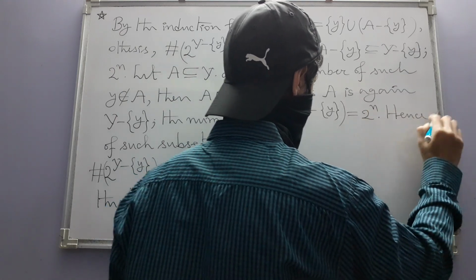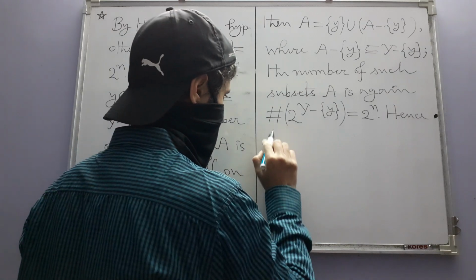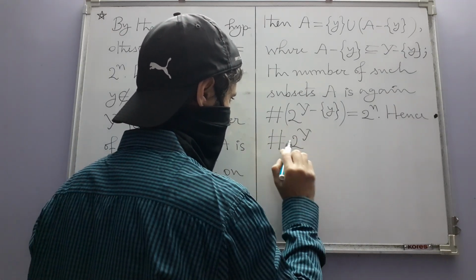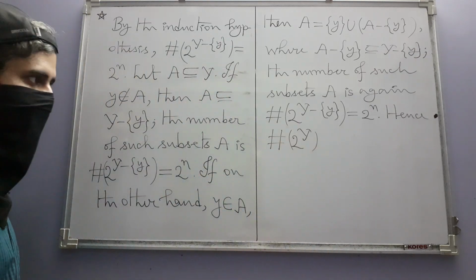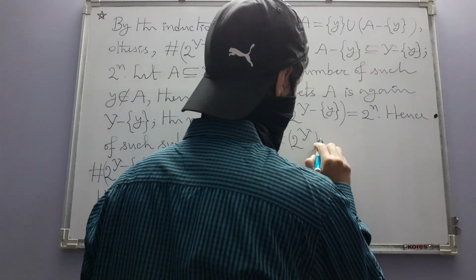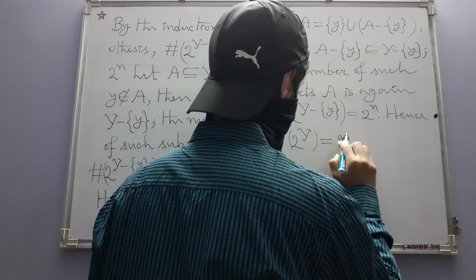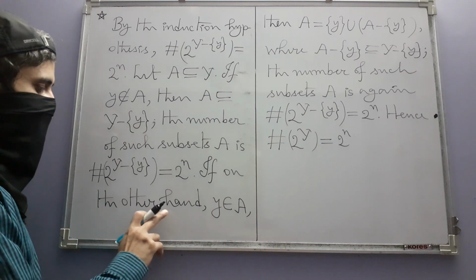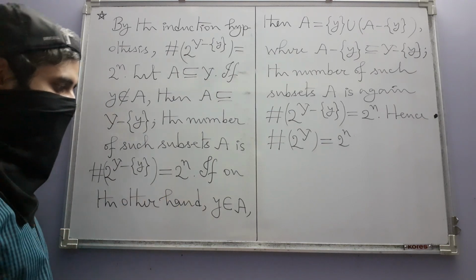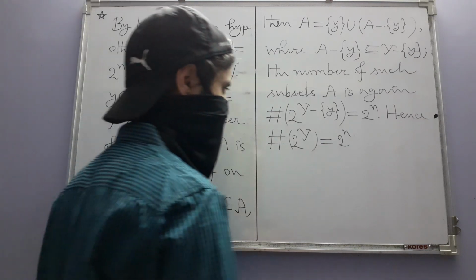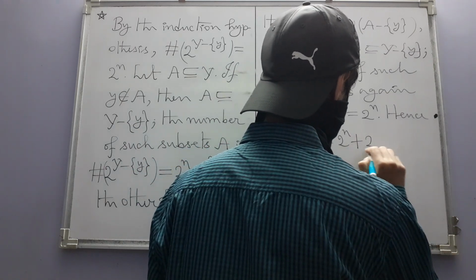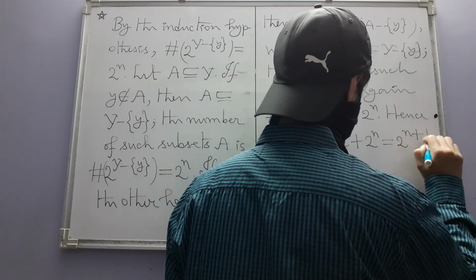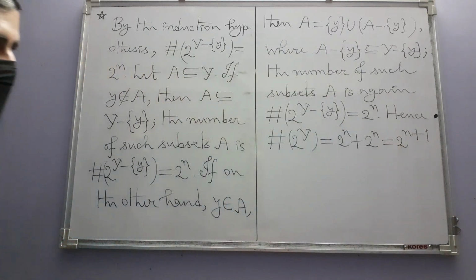Hence, the number of subsets of Y, in other words, the cardinality of the power set of Y is the total number of the subsets of the first kind plus the total number of subsets of the second kind, that is this, which is nothing but 2 to the power n plus 1.